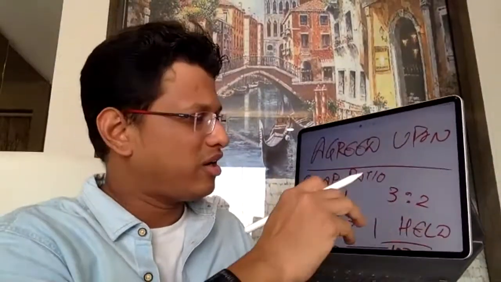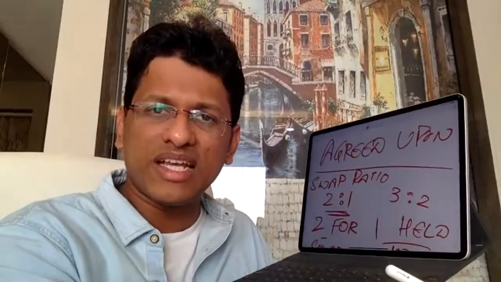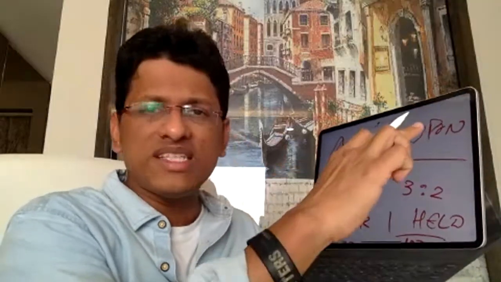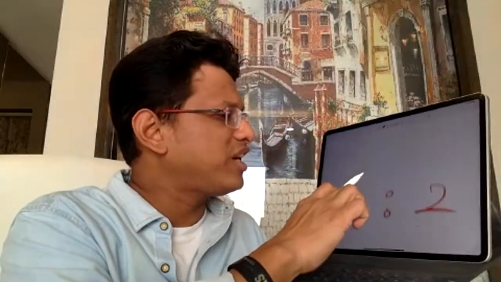If the agreed upon number of shares is given, for these many shares held by the shareholders of the selling company, how many shares they will get in the purchasing company, whatever is agreed upon, you will consider. The first one that you discussed for agreed upon is the swap ratio. Okay, right. Now, if the agreed upon ratio is given, you are taking that.